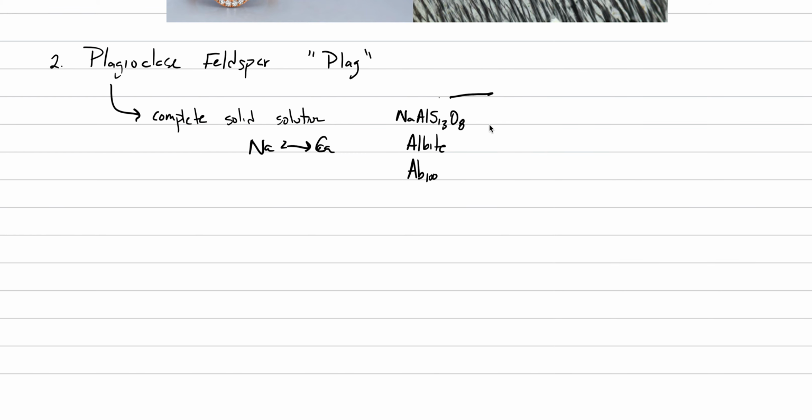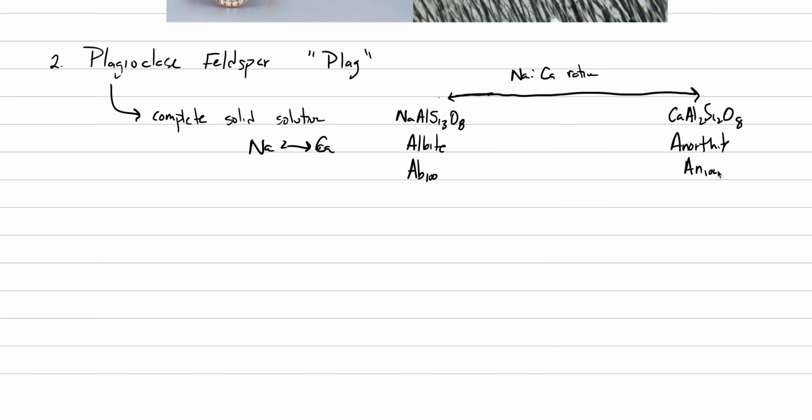And there's a solid solution with mixing of sodium to calcium ratio that goes all the way up to the pure end member of calcium, CaAl2Si2O8. This is an end member called anorthite, and we could also give it the symbol of An100.